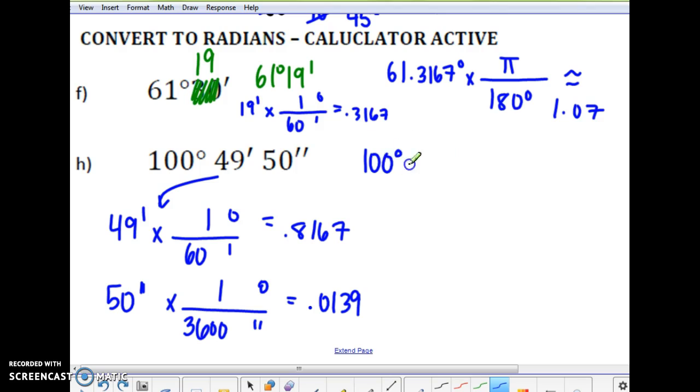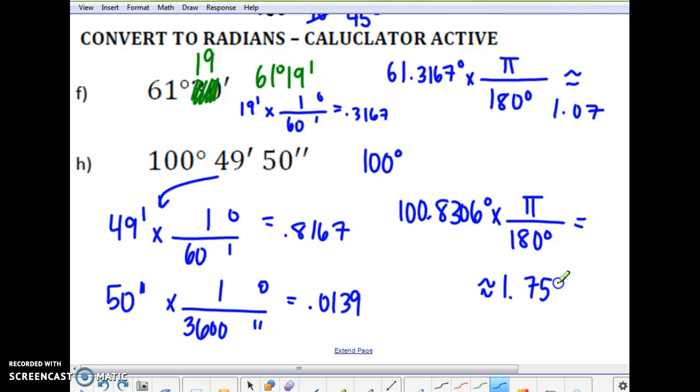Add those two together. So I'm going to get 100.8306 degrees. Convert this into radians. We're going to use our same exact conversion factor we've been using. This should be approximately 1.7598, so it's going to round to 1.76 radians.